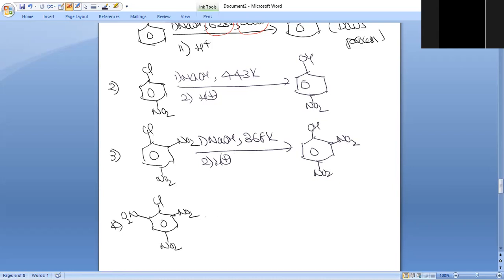Yes or no? Yes, sir. Now in case of three NO2 groups, you need not use any temperature. Just add warm water. That's all. You need not add any reagent also. Just adding warm water is enough to give the reaction.